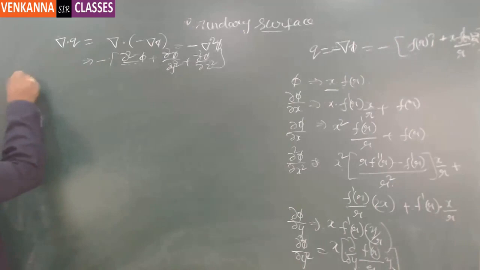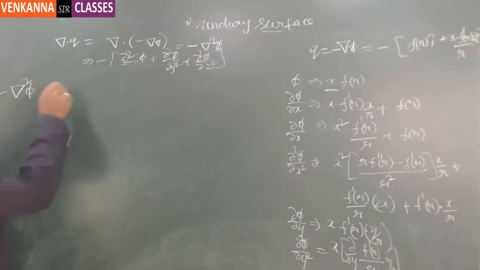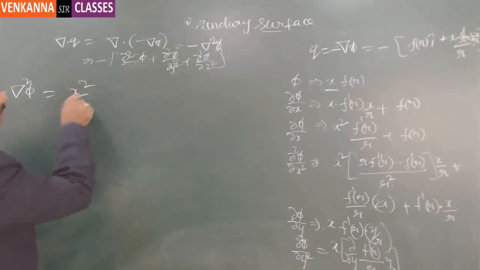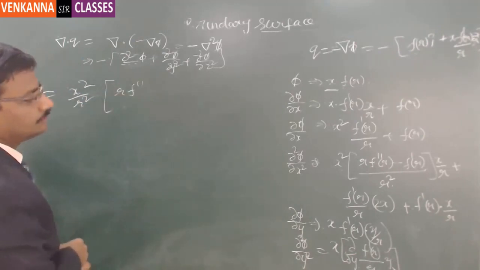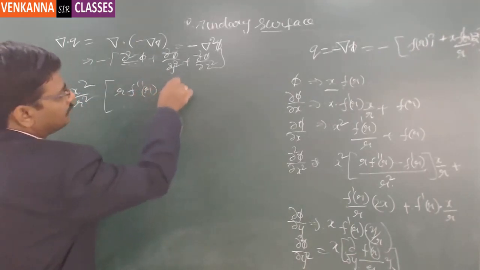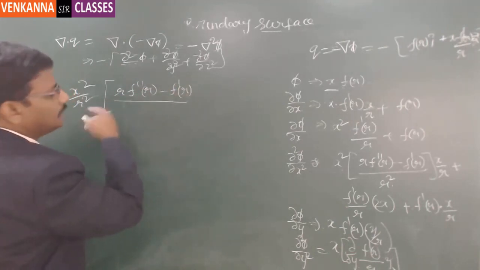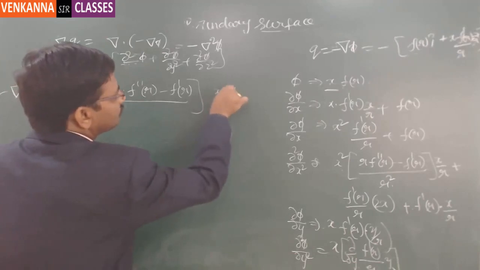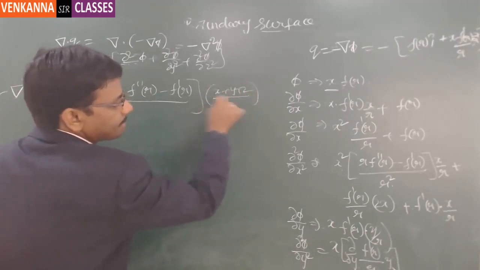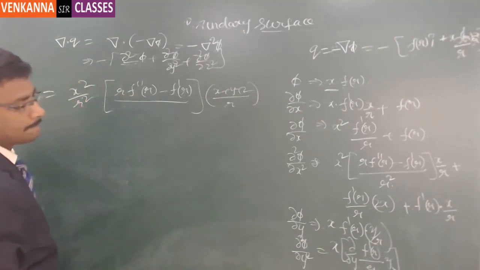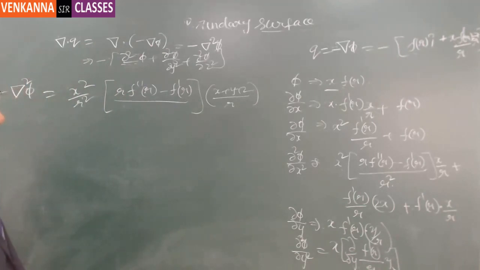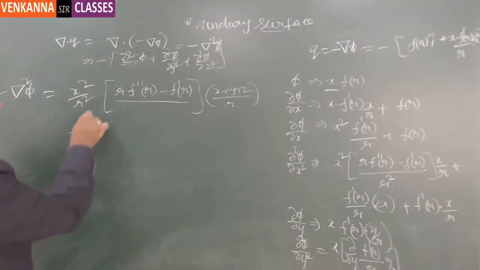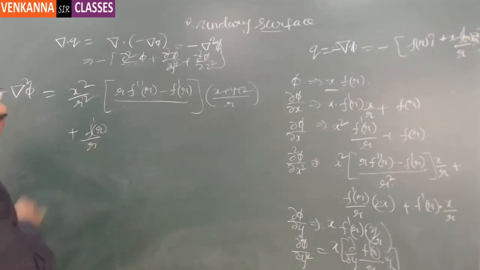So minus del square phi, x square by r square you can take out, and then r into f double dash of r minus f dash of r divided by r square, anyway taken out, and then x plus y plus z divided by r, plus f dash of r divided by r into 2x.